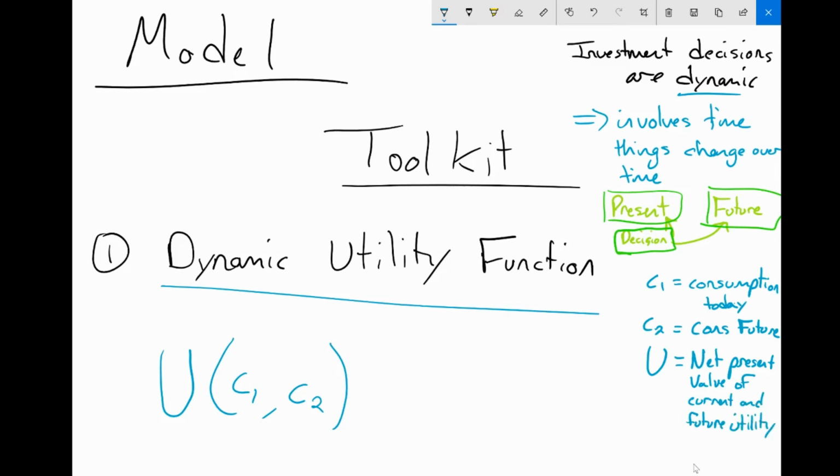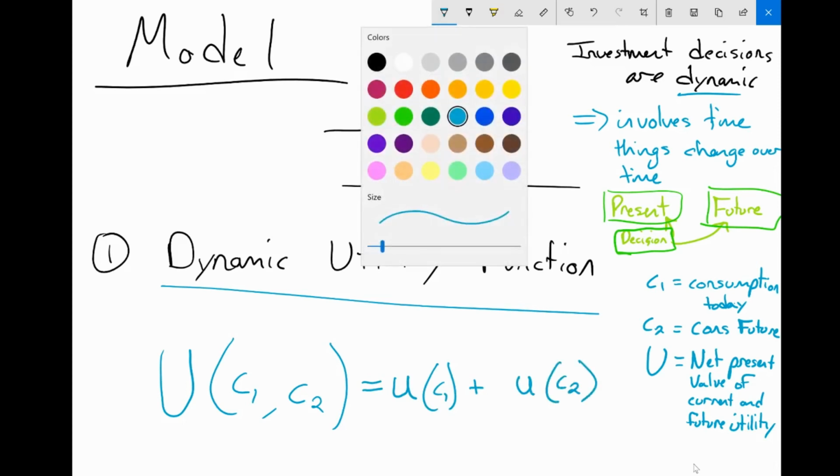So this is a function that basically is going to account in present terms both the utility I get today and the utility that I will get in the future. So this is how I'm going to write this. I'm going to say utility that I get today as a function of consumption today, plus the utility that I get tomorrow as a function of what I consume tomorrow.